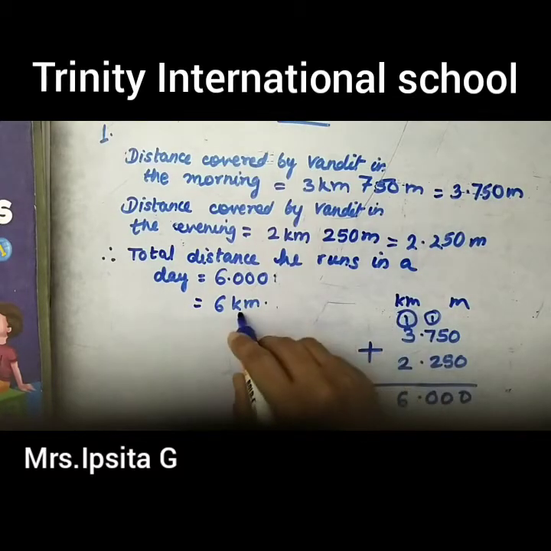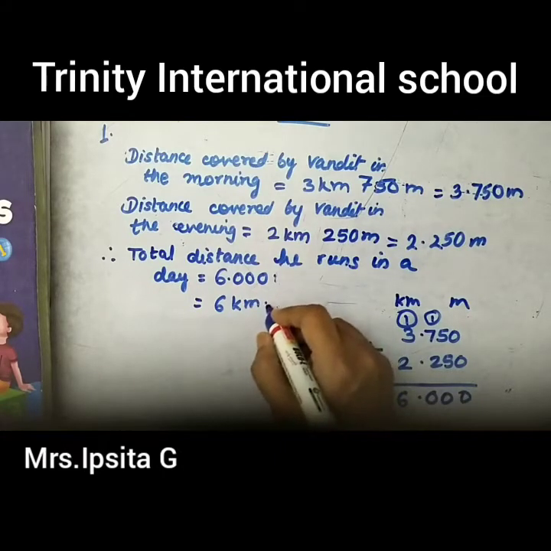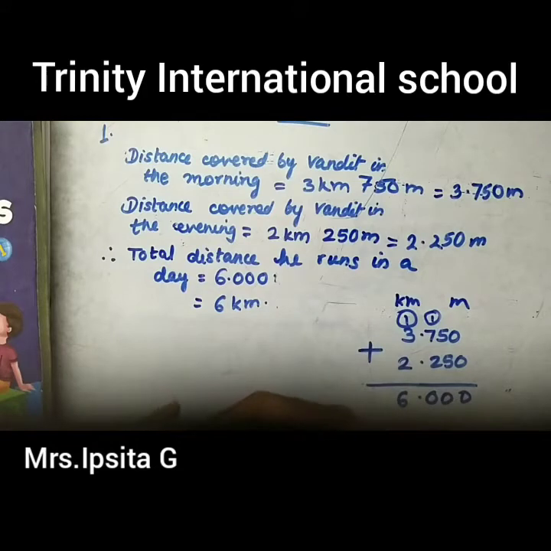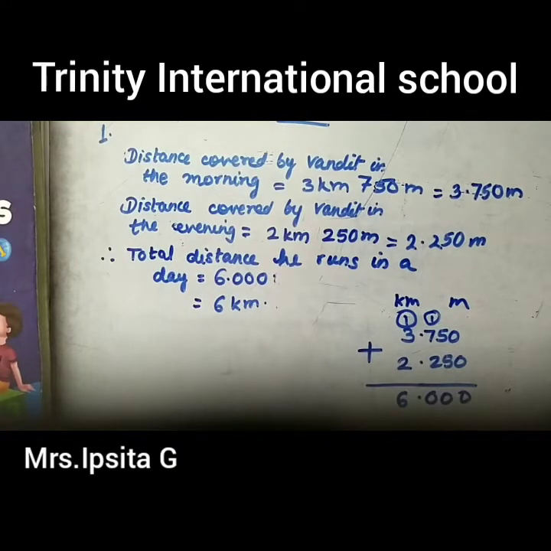So this is your result. 6.00 is equal to 6 kilometer. As you know that this comes under kilometer, so that is why you have to write it 6 kilometer. So this is how you need to find out the answer for the given word problem.